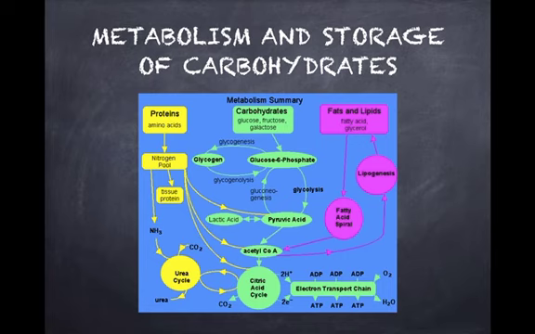And in the blood, you hear people talk about their blood sugar level. That's the free glucose floating around in our bloodstream. Blood sugar is an important thing because we need to keep it regulated. We want it to stay at a good level.